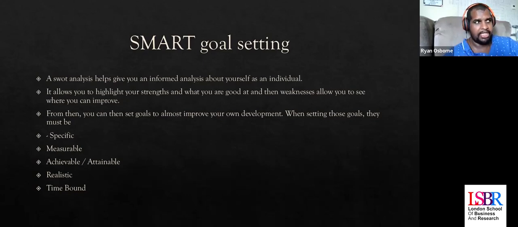Now, what do I mean by that? So specific is, I want to go to college to study GCSE English because I want to improve on my reading and writing. And ideally that would help me with my job. That is specific. It's very specific. It details what you want to do and why you want to do it as well.